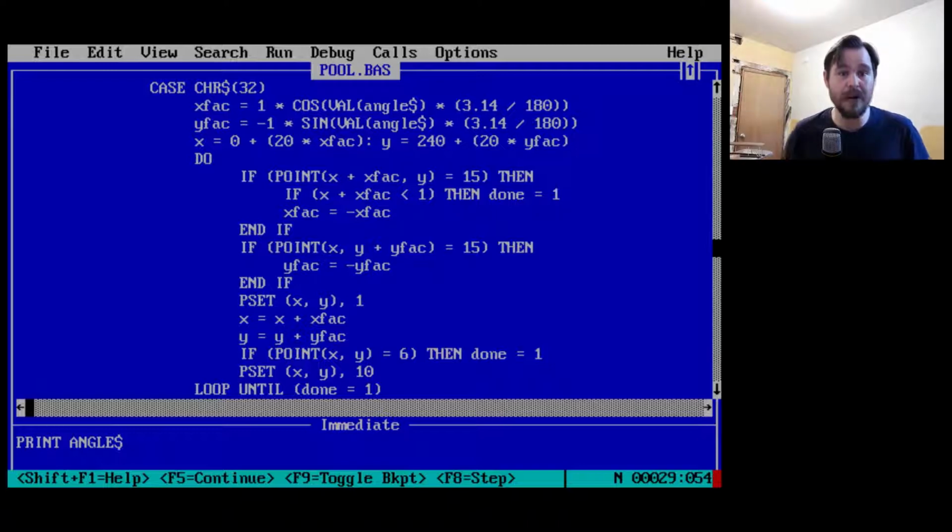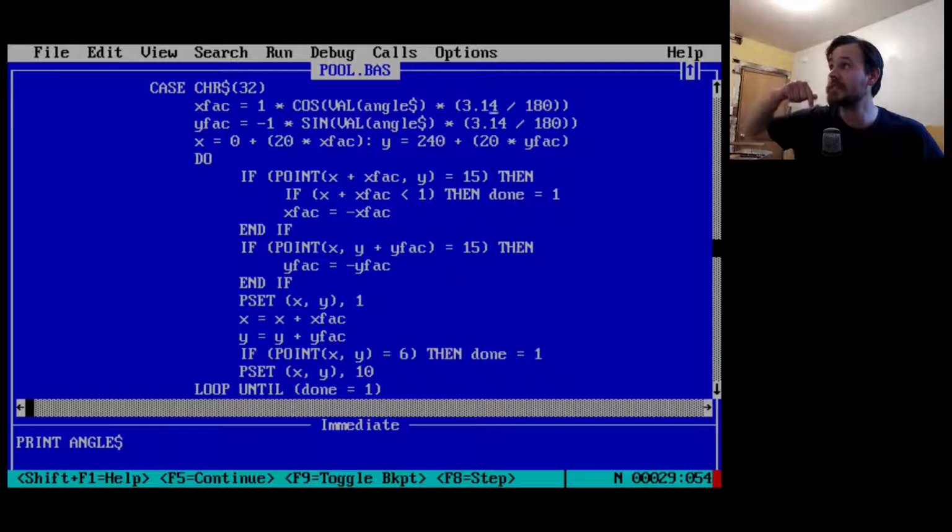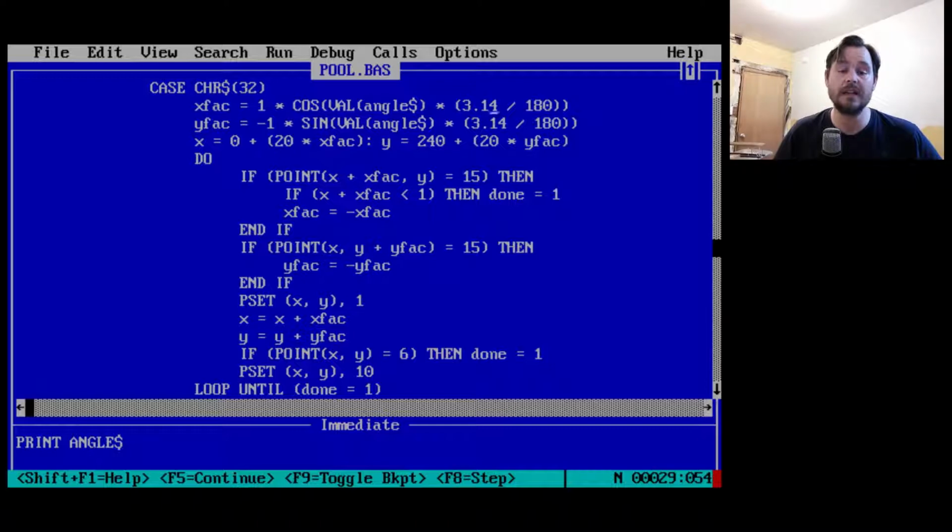The yfac is negative, and I would have done that because the sine values are probably flipped. Sine is negative when you're in the bottom right quadrant.